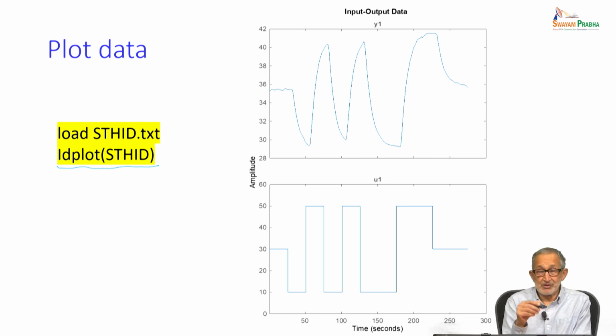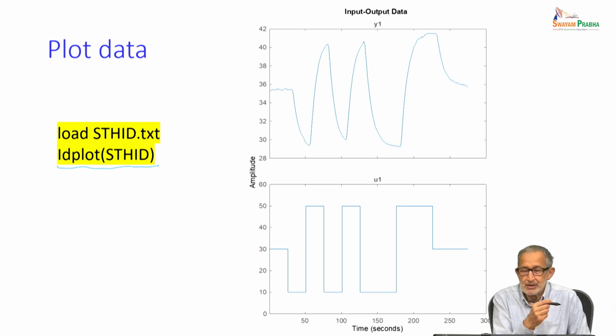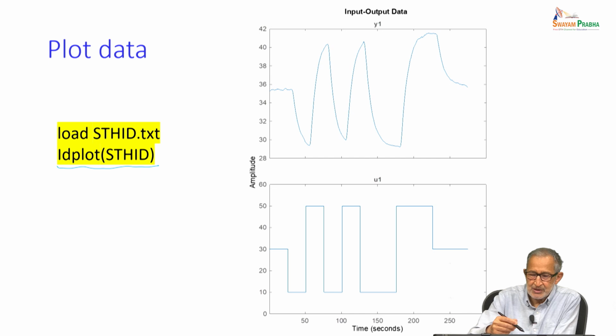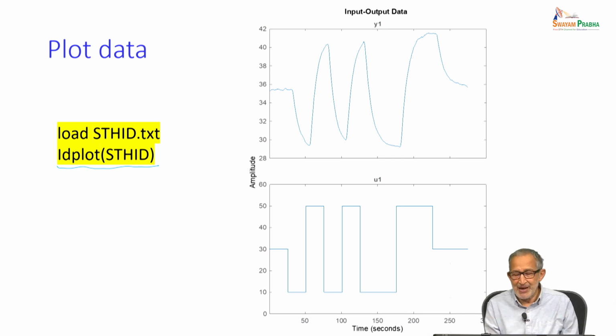It only consists of two columns, the output data and the input data. The data is stored at each sample interval in time, and I believe the sample time is 4 seconds. So here is the output stream, here is the input stream. The input stream is a very simple random binary sequence.